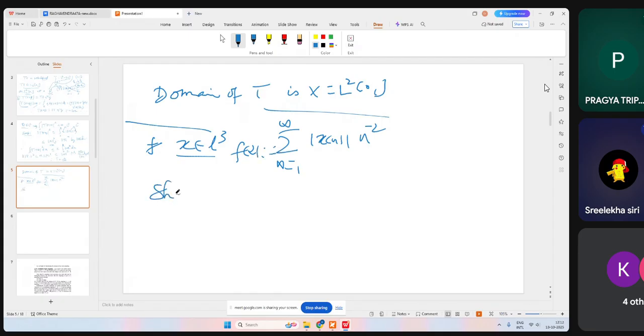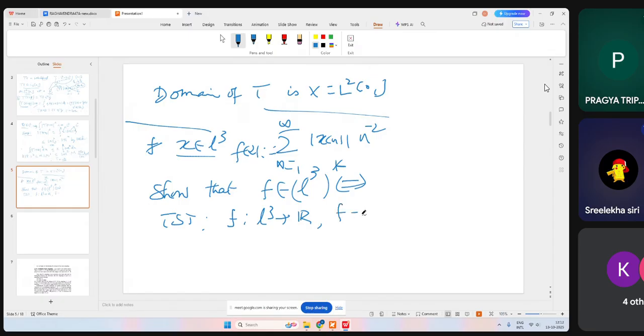Show that F belongs to L3 star. What does it mean? That is to show that F maps L3 to R, F is linear, and F is continuous.